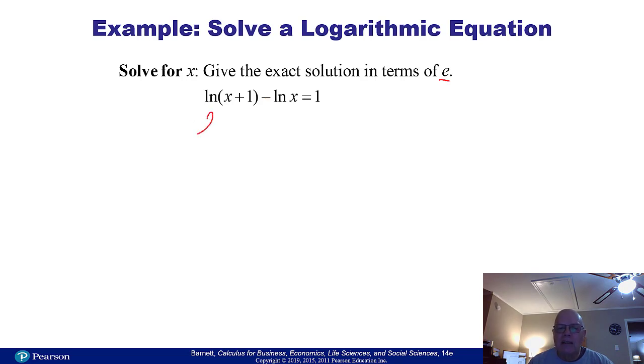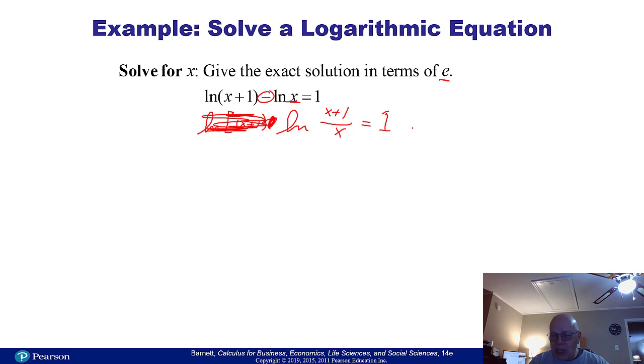So it's the natural logarithm of x plus 1. Minus means division. So we'll have the x from here in the bottom. We've just rewritten the left-hand side, so it's still equal to 1.